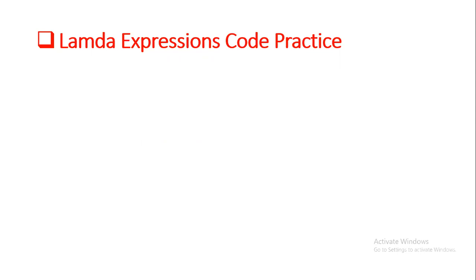So in the last sessions we discussed how to write lambda expressions, and what lambda expressions are. Today we discuss practically how to write those examples: display message, sum of two numbers, and return the length of the given string.